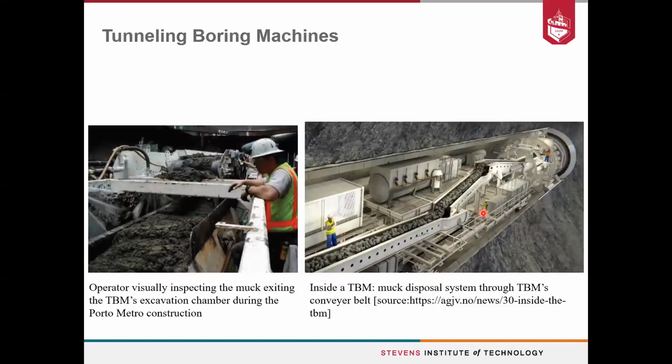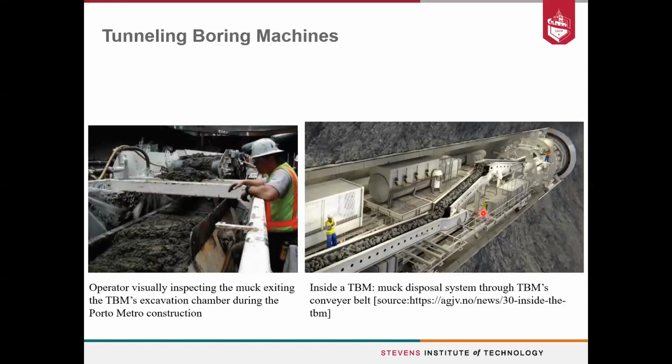So what happens is that most of the operation of this TBM relies on a human operator. And effectively, this operator is only able to manually monitor no more than 3 or 4 parameters at a time.